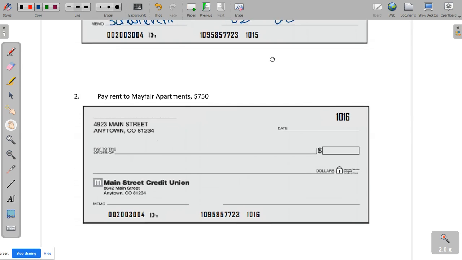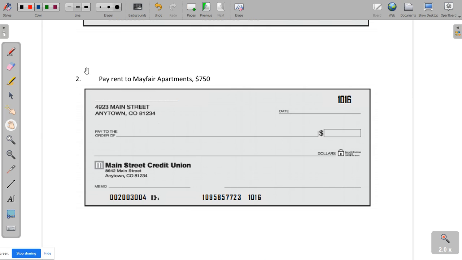Let's look at the last example here. We are going to pay rent to Mayfair Apartments for $750. You go on and write in your information, so your name and today's date.